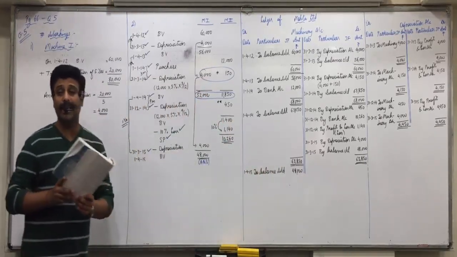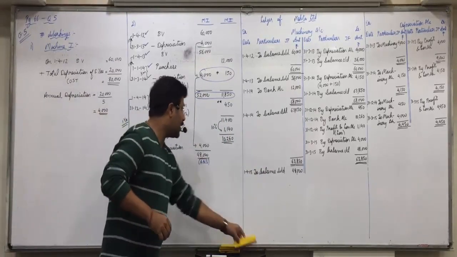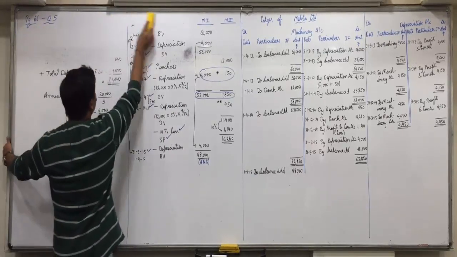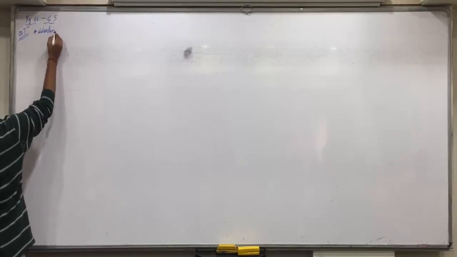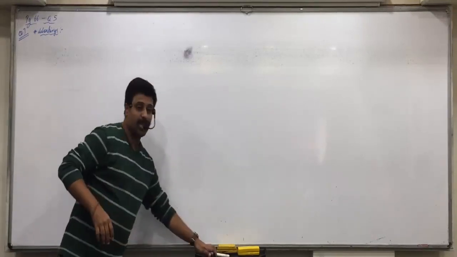Everything is asked, but there is no sale transaction and only one machine is there. So let us do it fast. First we'll make the workings and then we'll do all that is asked. First we do the workings, be attentive. Only one machine, so columns are not needed.